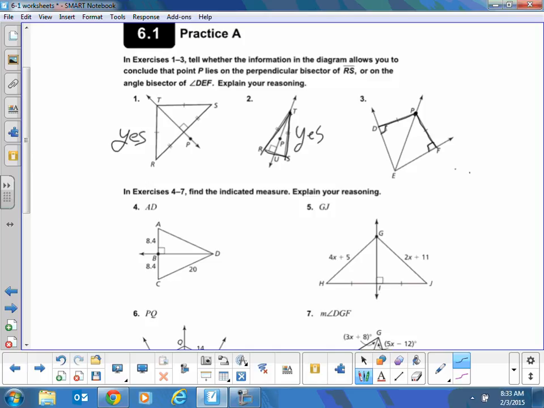So yes. Every point that lies on the interior and is equidistant to the sides of the angle is an angle bisector. And to be equidistant, it has to hit it at a 90-degree angle. So that is also a yes.